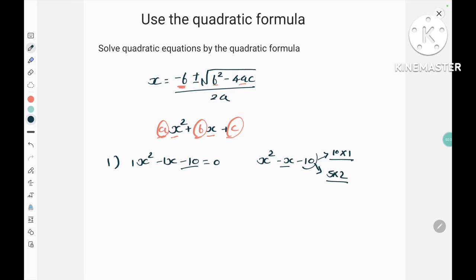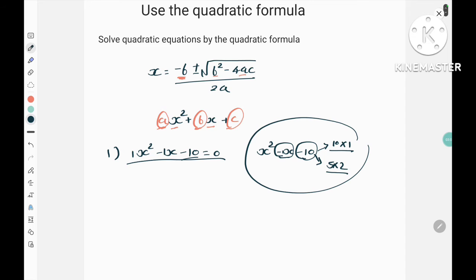If we multiply them, of course, we get back 10, but if we add or subtract them, we cannot get 1. That is not possible. So simple factorization cannot be done here, and that's why we have to use this formula, and when we solve this one, we will get a decimal answer. Okay, let's get started.